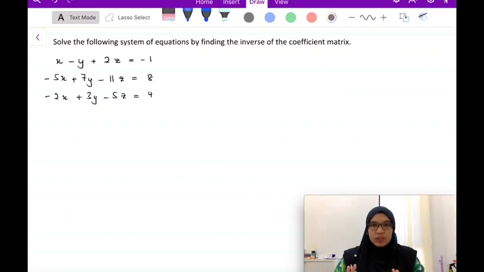In this video, we are going to solve the following system of linear equations using the inverse of the coefficient matrix.